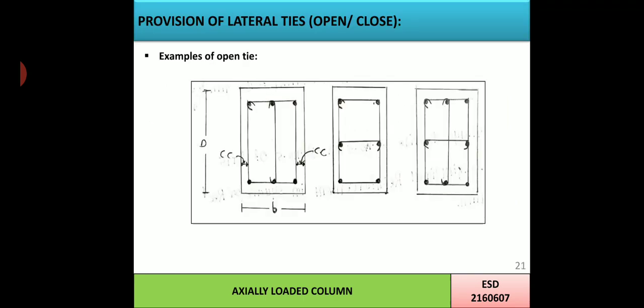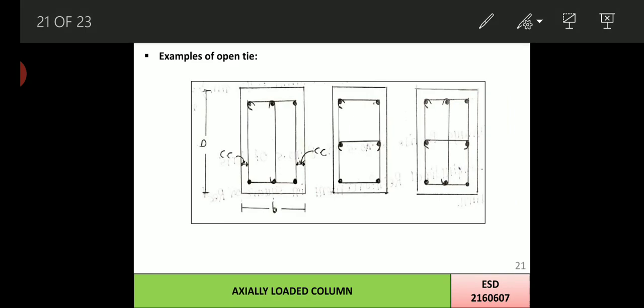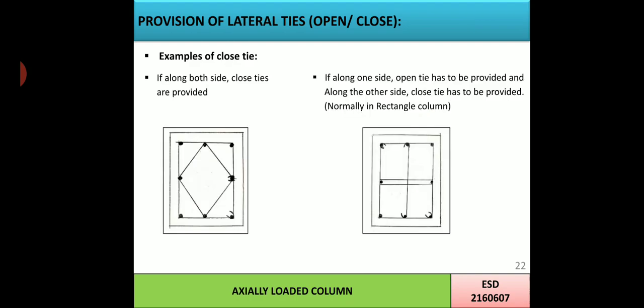Now example of open tie. Over here I have shown some of the open ties, that is this one, so this one. Usually one closed tie is always there along the periphery of the column, while inside either open tie or closed tie will be provided. And now example of closed tie.